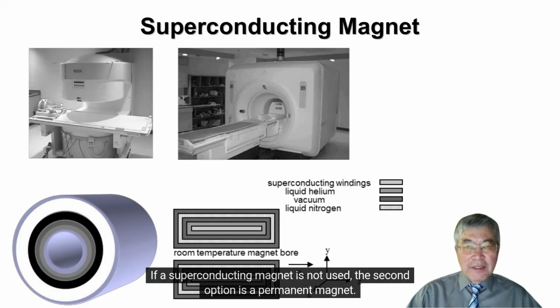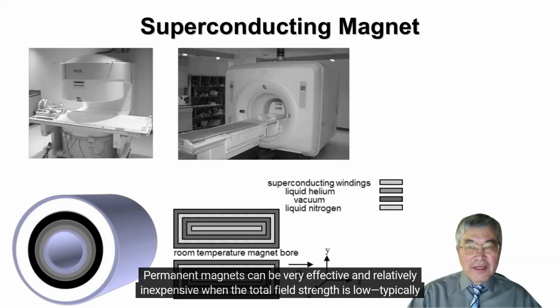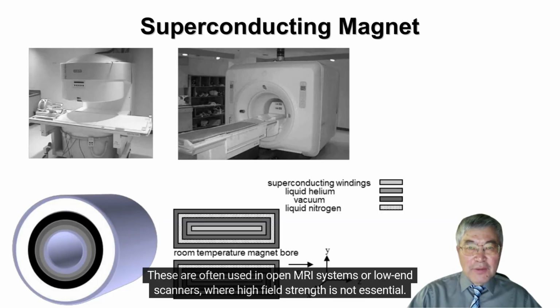If a superconducting magnet is not used, the second option is a permanent magnet. Permanent magnets can be very effective and relatively inexpensive when the total field strength is low, typically below about 0.35 Tesla. These are often used in open MRI systems or low-end scanners where high field strength is not essential.